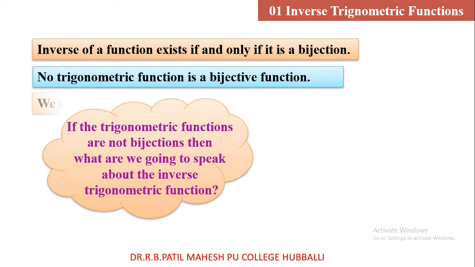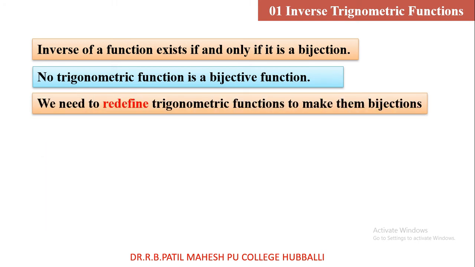For that question, we need to redefine trigonometric functions. For what reason should we redefine? To make them bijective functions. Why do we have to make them bijective functions? Just to have the inverses. So what is a very important concept here?